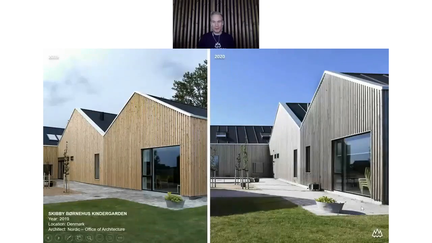I have collected a few examples of natural weathering. This beautiful project is from Denmark. It's a kindergarten project, actually. The picture on the left-hand side was taken just after the installation, and the brownish color is still there. The picture on the right-hand side was taken 1 year after installation, and you can already see that the project has turned silverish gray, and it is a really smooth and even color throughout the building.